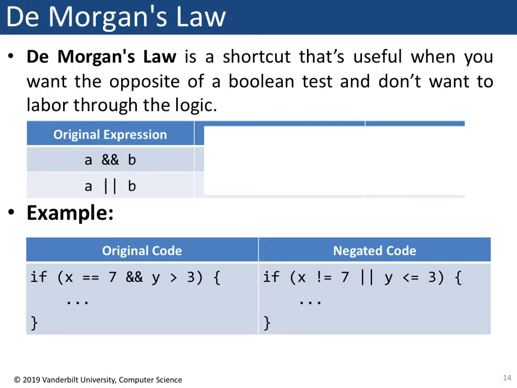So in Boolean algebra, there's something referred to as De Morgan's law or De Morgan's theorem, which is a relationship between the logical AND and the logical OR operators. De Morgan's theorem is generally useful to be able to transform between logical AND and logical OR operations in various situations.